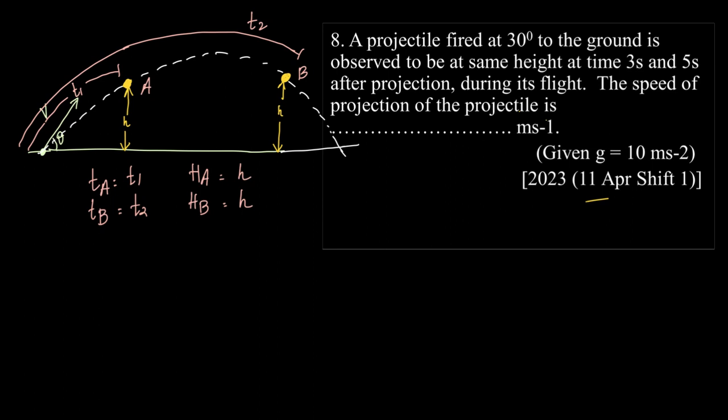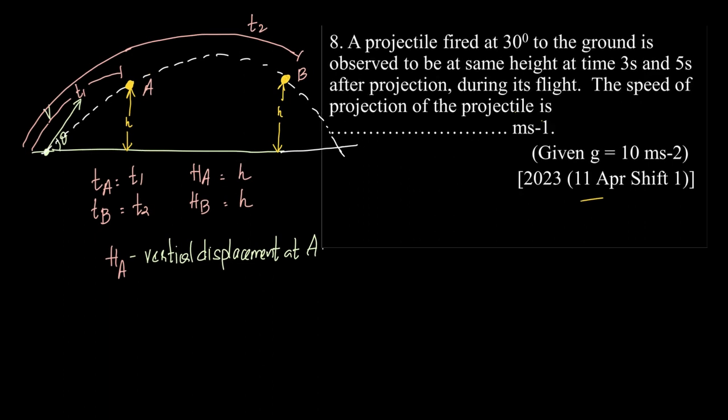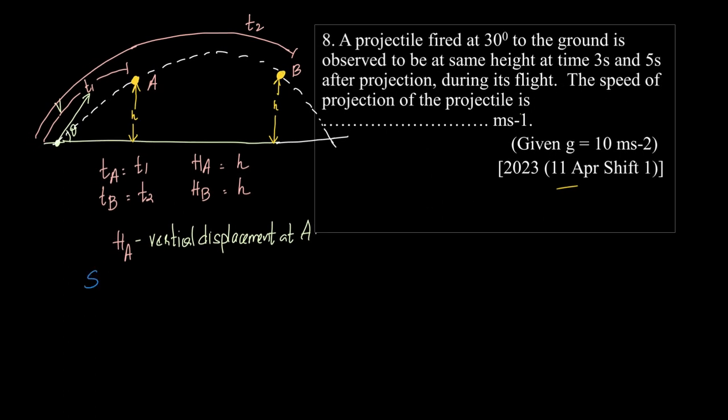Now let us find out the height at A. What is the equation for height at A? Height at A is actually the vertical displacement at position A. Now what is the formula for vertical displacement? Let us write that down first.